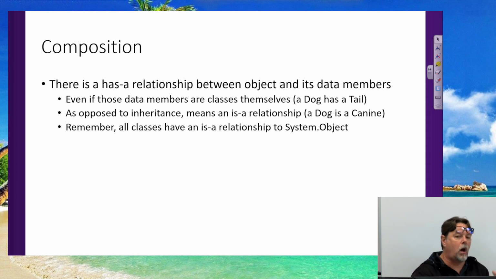It might have paw objects or fur objects, things like that. That's what the dog is composed of. It has those things, so it has that relationship. And that's compared with the is-a relationship, which is when we say a dog is a canine, or a dog is an animal.